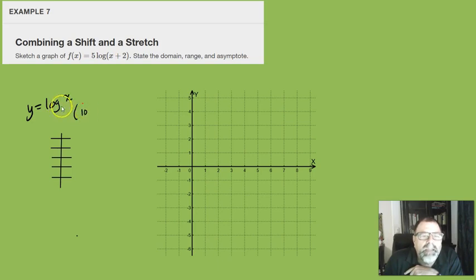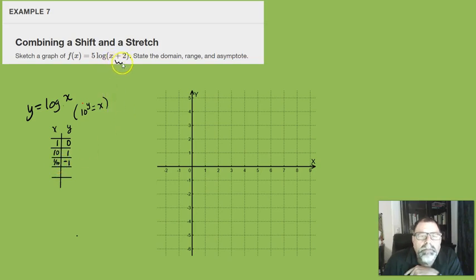So we're saying 10 to the y equals x. So I'm going to do, remember, I'm putting in 0, 1, and -1 for the y. 0, 1, -1. 10 to the 0 is 1. 10 to the 1 is 10. And then this is 1/10.